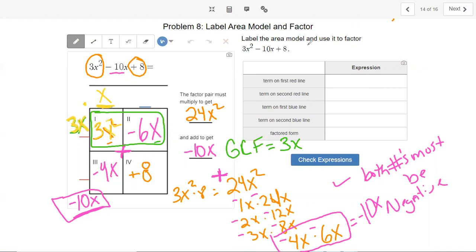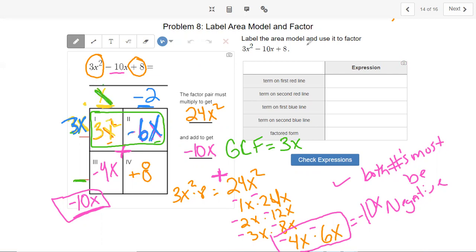Once I've got that line filled in, I'm now going to go to the next one. What times 3x is going to give me negative 6x? Okay, 3x times negative 2 will give me negative 6x. And I've got that line filled in. Now I'm going to go to the next line and figure out this one right here. Well, I have an x right here.